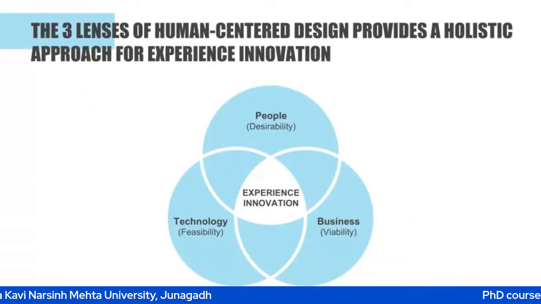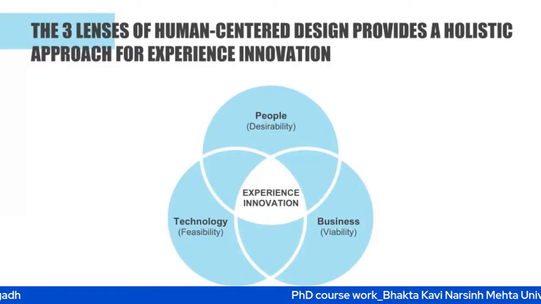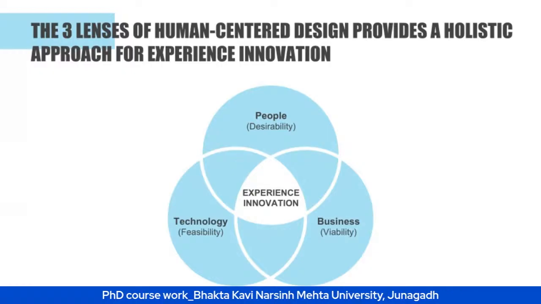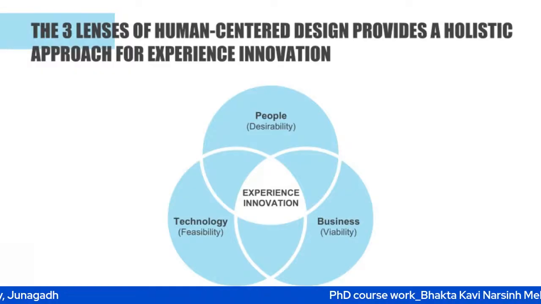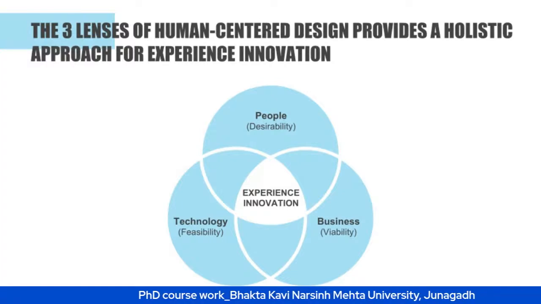We will be going this way: people have the desire, business always requires viability, and technology requires feasibility. When all of these three lanes come together, you get experience innovation. You can see the typical example of the mobile. The most successful mobile is Apple. Why is Apple successful?